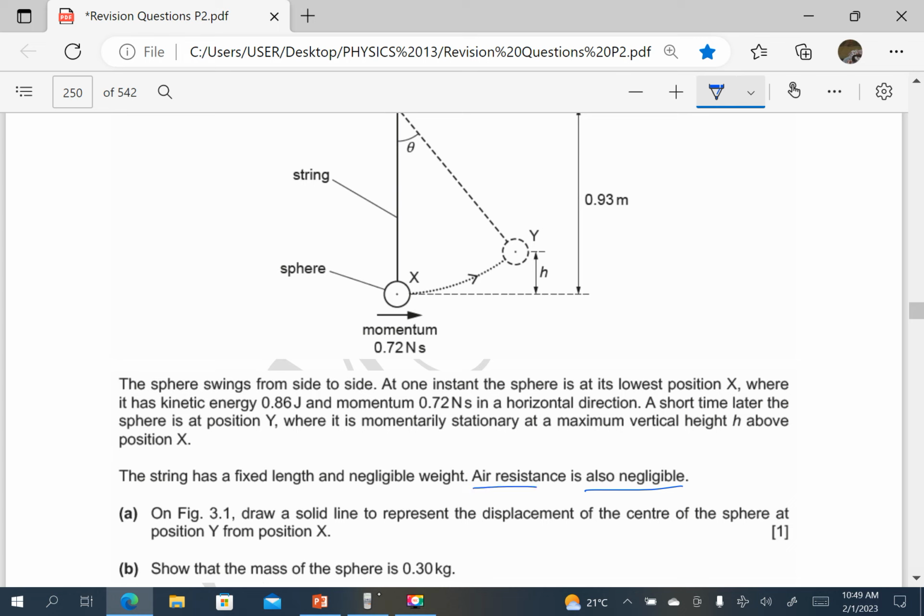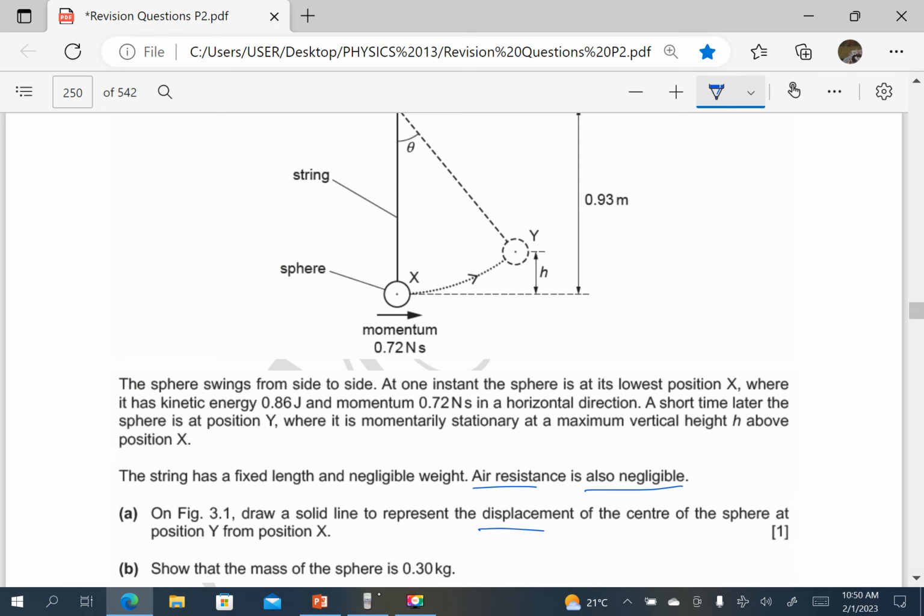On the figure, draw a solid line to represent the displacement of the center of the sphere at position y from position x. Of course, the curved line shows distance, and displacement is a vector quantity. So since displacement is a vector quantity, we are going to look for the shortest distance between x and y.